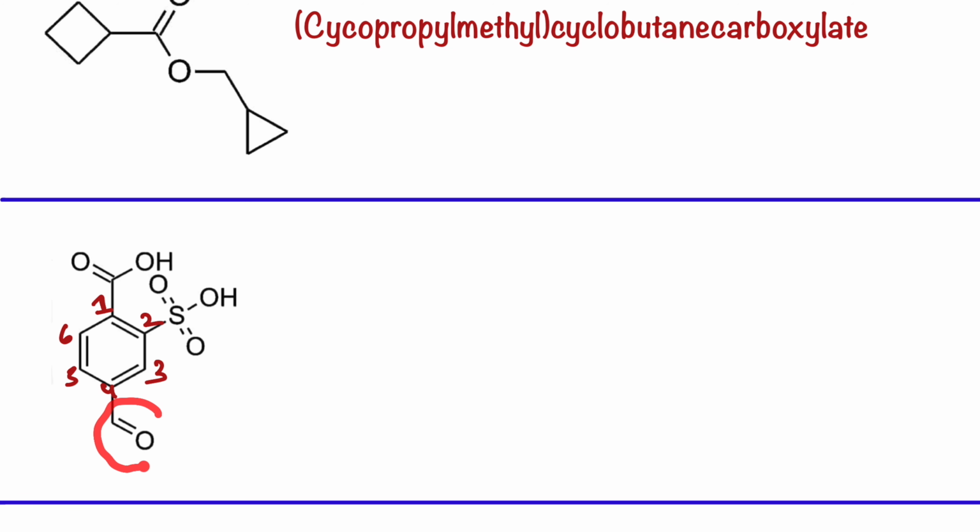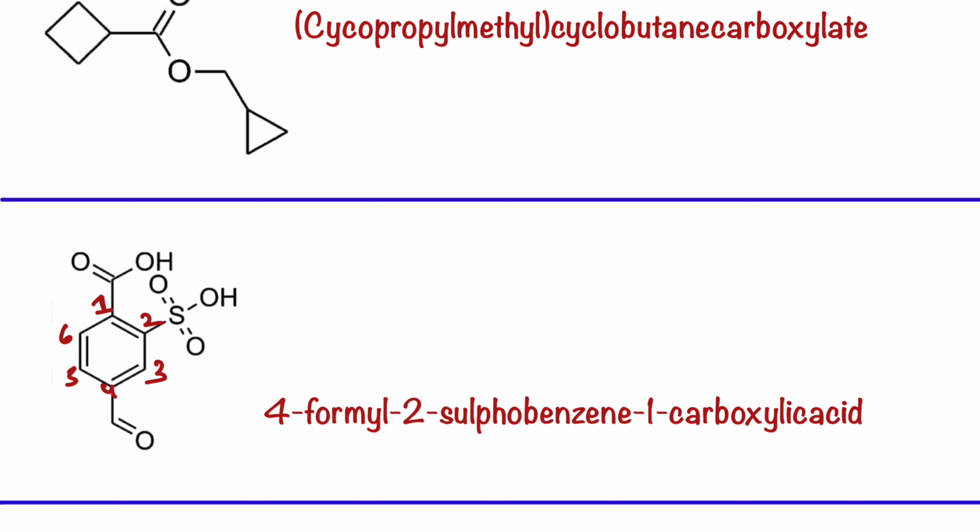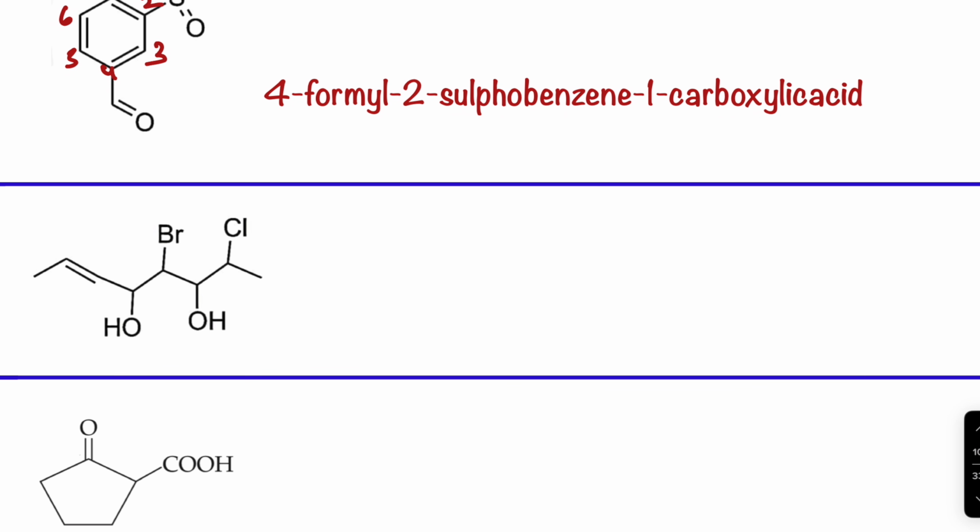But this carbon cannot be taken into the longest chain, therefore we have to say formyl. So this is a sulfo and this is a formyl, only alphabetical order: 4-formyl, 2-sulfo, benzene-1-carboxylic acid, benzoic acid also you can say.